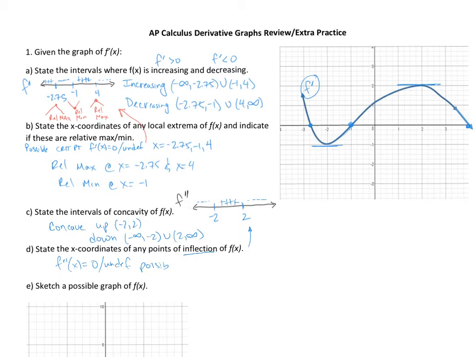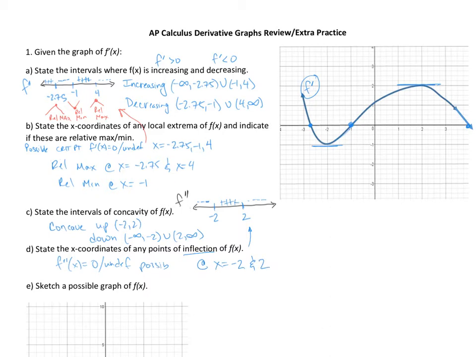Sometimes it's easier to do the number line always first and then find all the information. From this, we could see that it changes from negative to positive, so that's definitely an inflection point, and from positive to negative over there. So we have two inflection points, and it changes concavity at x equals -2 and at 2.